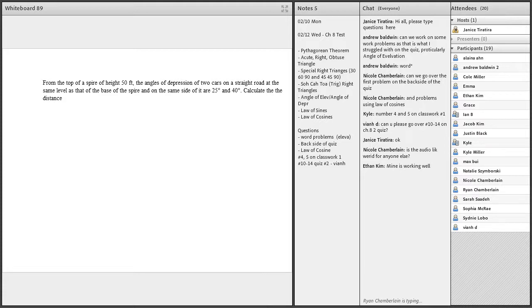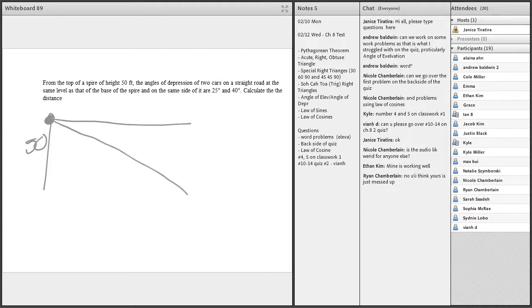So here's the spire. From the top of the spire, 50, we have an angle of depression. That means the horizontal to the diagonal, this angle here, is 25 degrees. This is the road. This is car number 1.